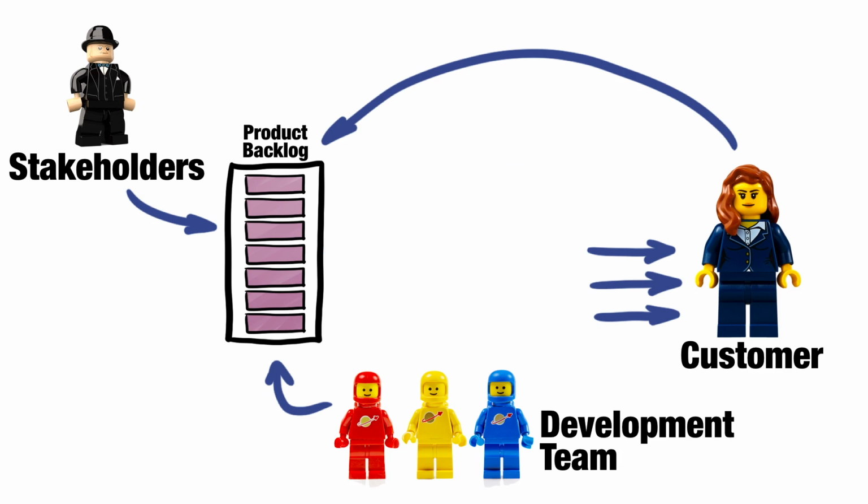As we covered in the first episode of this series, this flow is not unique to Scrum, nor is the product backlog a construct that is unique to Scrum. It's common to all of the Agile frameworks that I'm aware of.